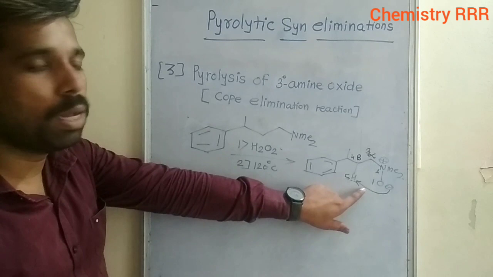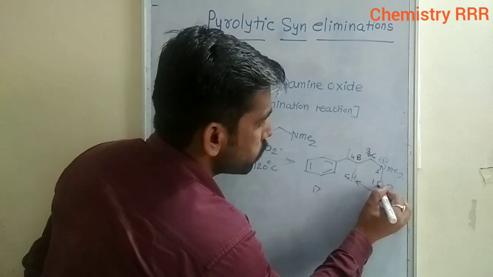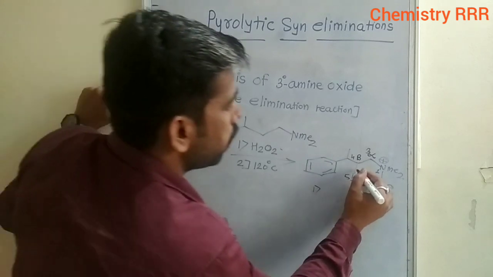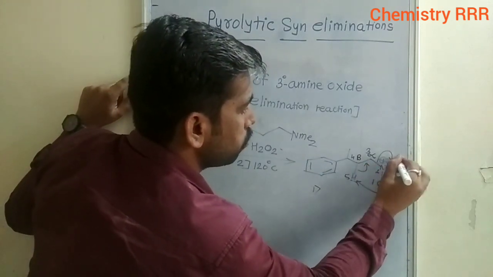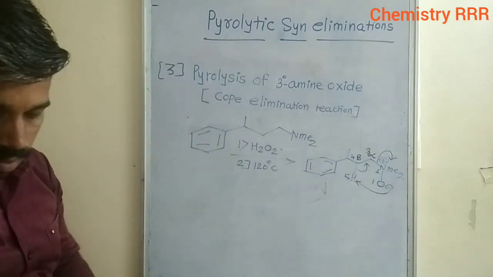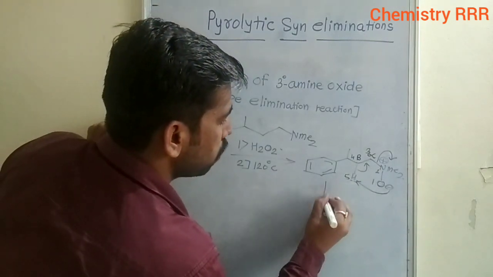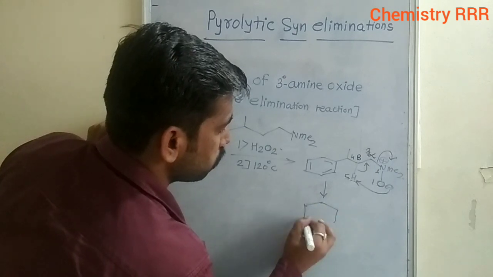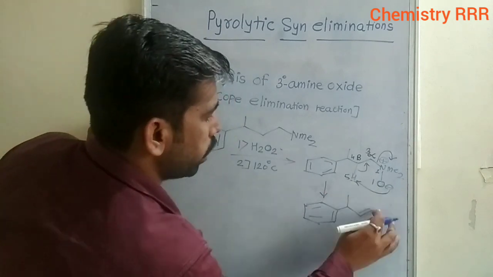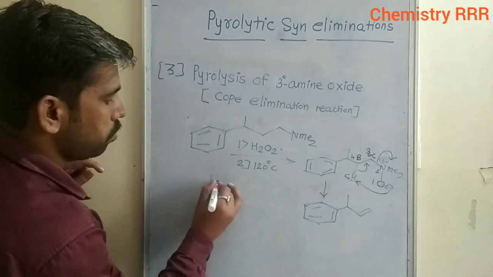So this oxyanion acts as a base, abstracts this proton, and we get the eliminated product. We get the elimination product like this.